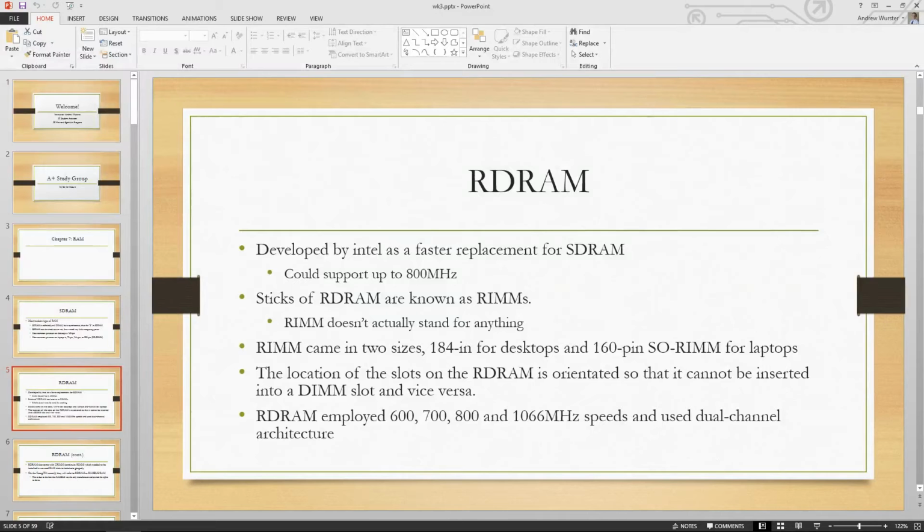The location of the slots: on RAM, there are the pins, and then there's a notch that separates collections of pins. The little notch between them determines which types of RAM can fit in each slot. The motherboards are actually built so that they only fit certain types of RAM.